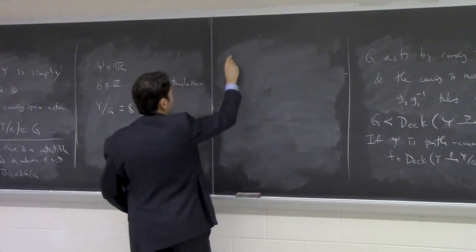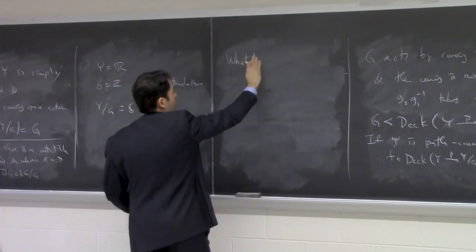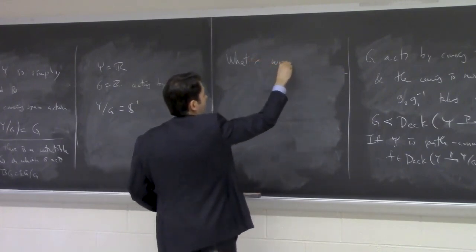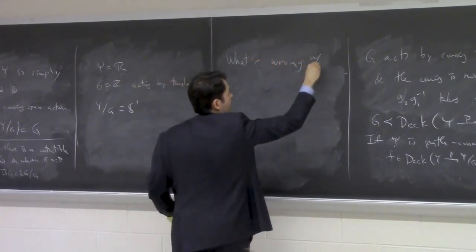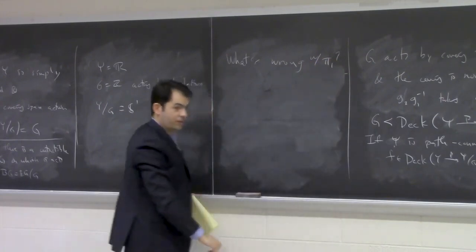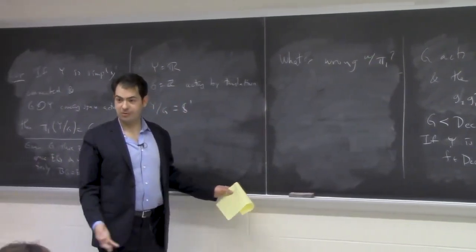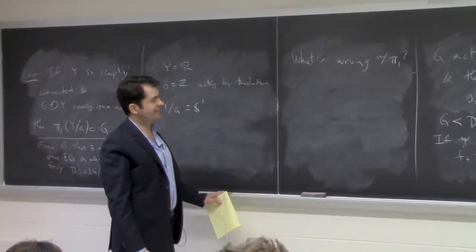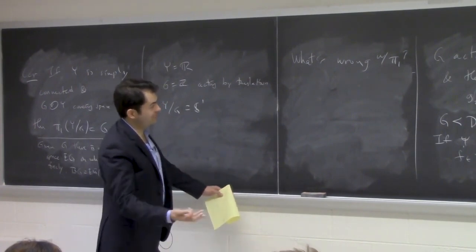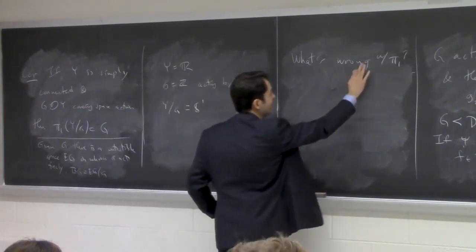So it's worth taking a moment to think about what's wrong with pi 1, right? So why is there a chapter 2, right? So pi 1 is great. It does its thing very well.